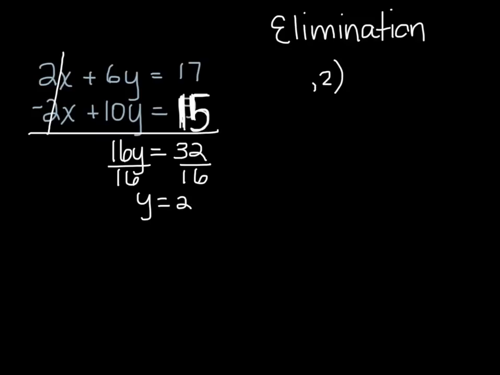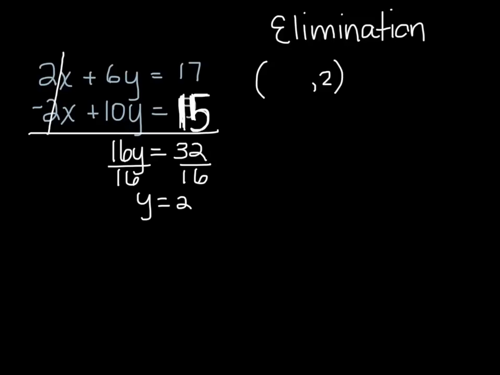Now, the part that I don't like is when I plug back in. I got y equals 2, so I'm plugging back into y, into here, which means it's a little harder to get the other variable, but not really, it's just solving an equation.